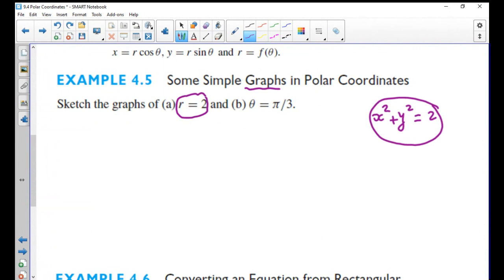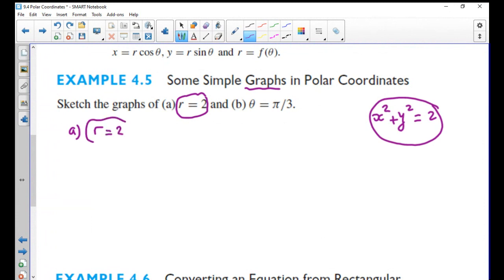It's a circle, yeah, of radius square root of 2. Yeah, that's okay. We know how to graph when we have equations like this in rectangular coordinates x and y. But how do we graph r equal to 2, for example?